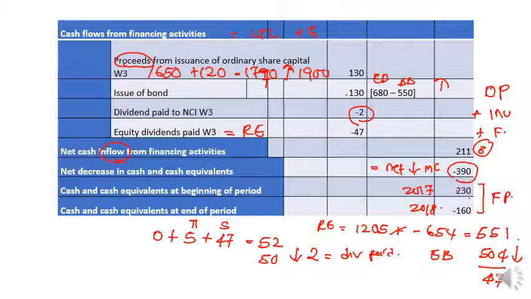So there is a reduction by 47, which is the dividend paid by parents, so you need to minus that amount.